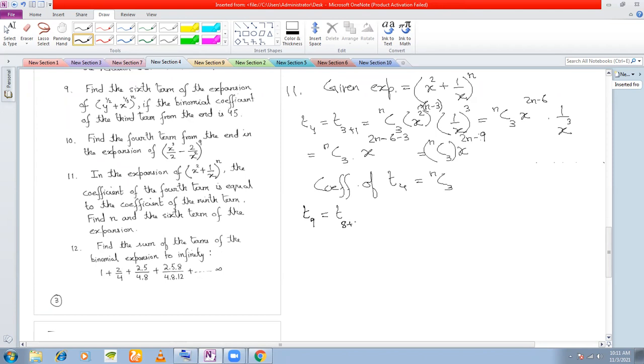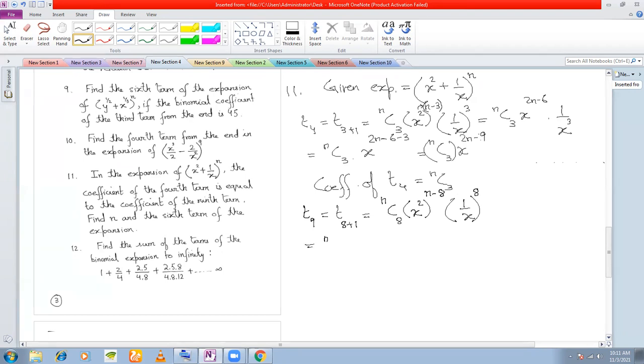T9 is T8 plus 1, which is equal to NC8 x squared to the power of n minus 8 into 1 by x to the power of 8.